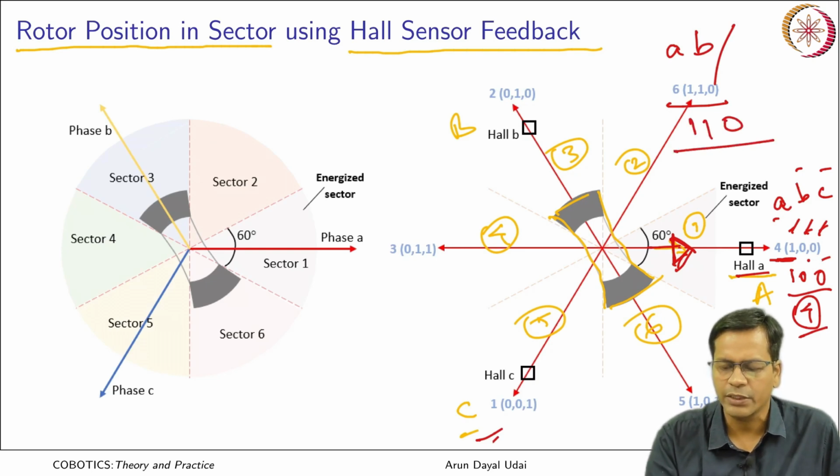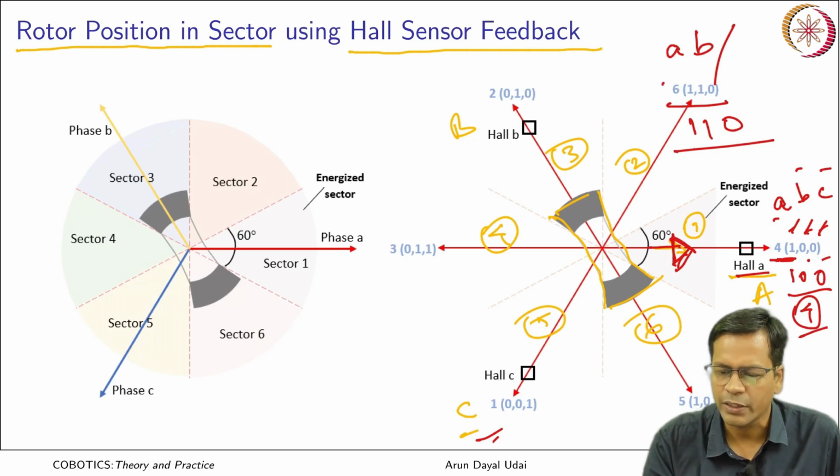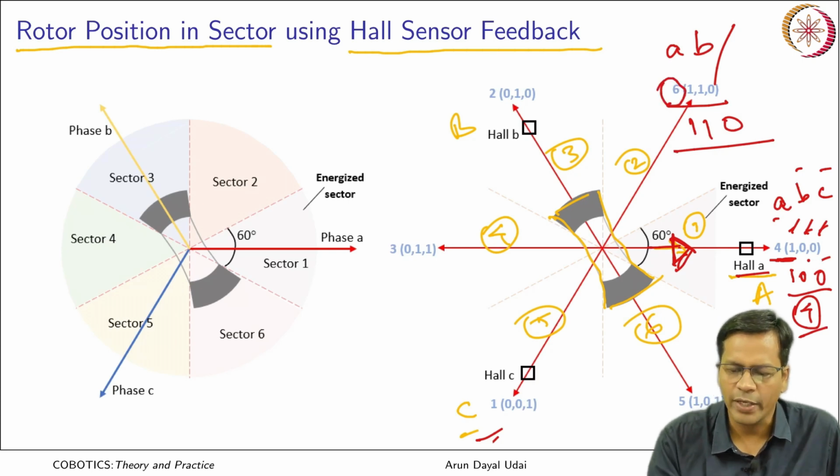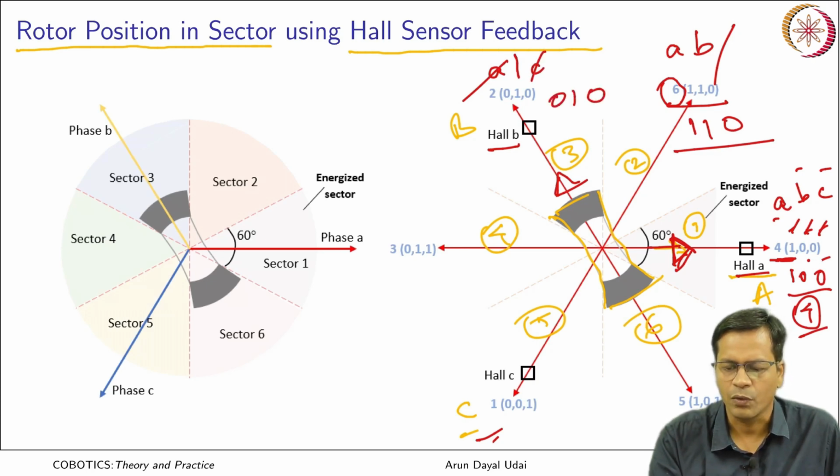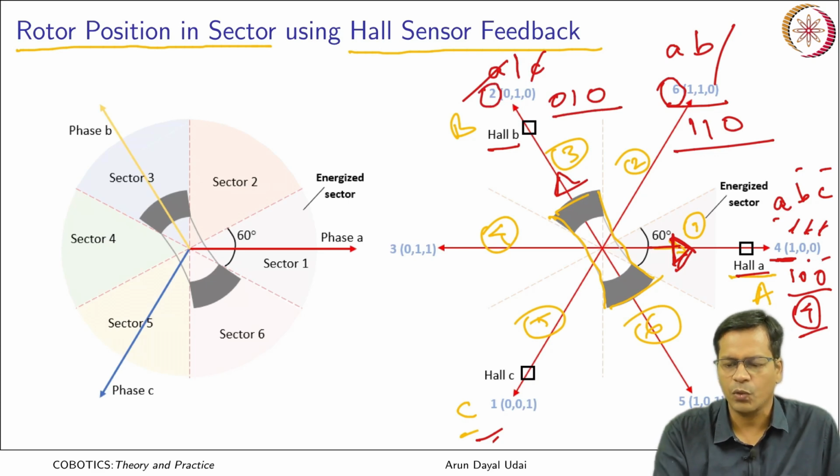When this is converted to decimal, it is equivalent to 6. Now when it is at this location, sensor A is 0, Hall effect sensor B will give you 1, Hall effect sensor C again gives 0. So it is 0 1 0. When converted from binary to decimal, it is 2.